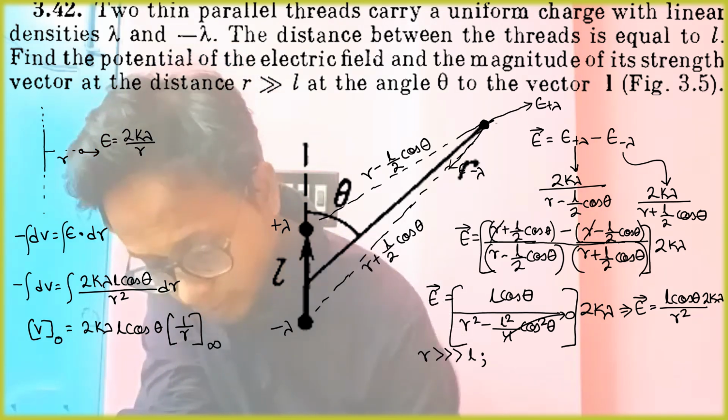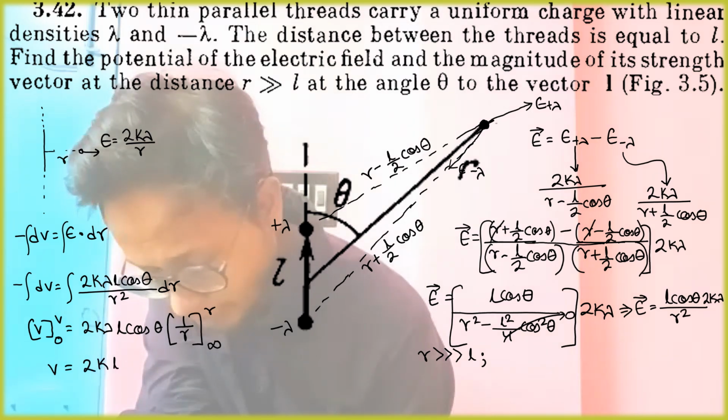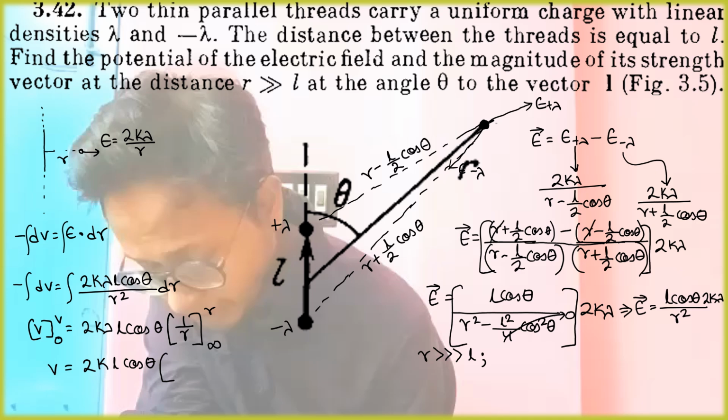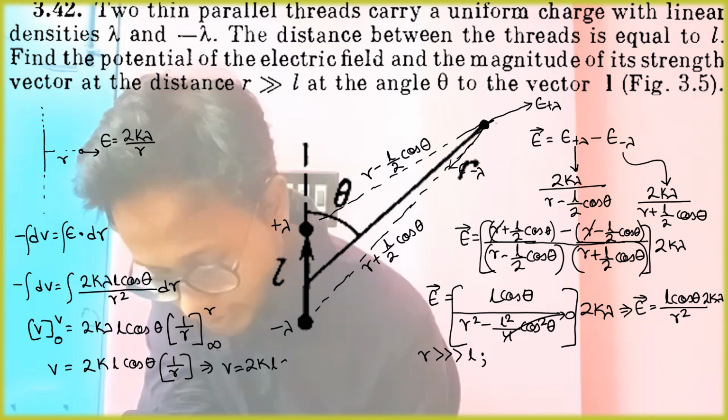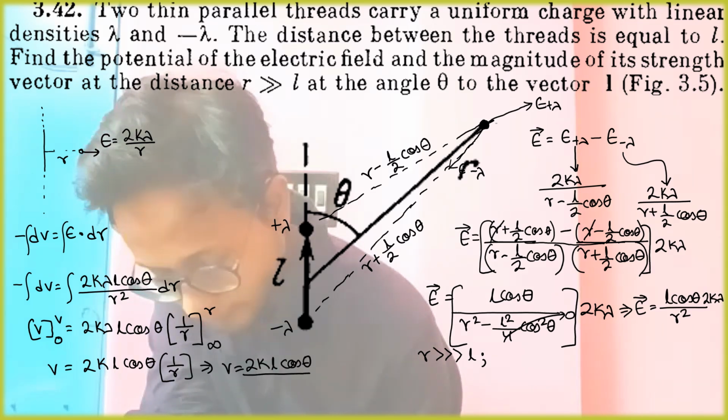And as I come to this distance R, I have to find out the potential V at distance R. So V minus 0, which is V, is equal to 2kλL cos θ times (1 by R minus 1 by infinity), which is equal to 1 by R. So potential at this point is V is equal to 2kλL cos θ divided by R.